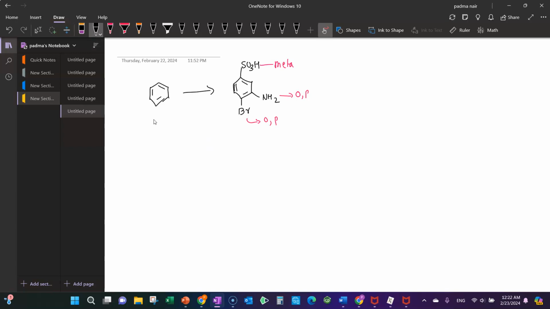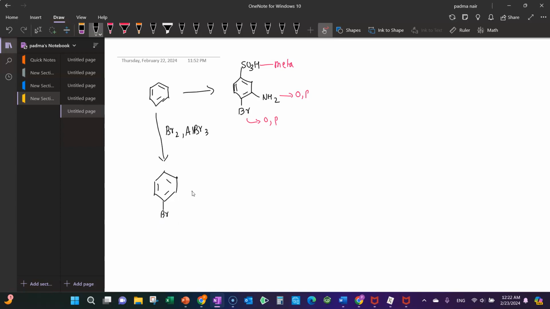I can take the benzene and treat it with bromine, right? I treat it with bromine in presence of a Lewis acid. I can actually place the bromine onto the benzene.